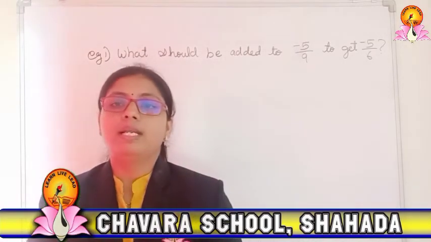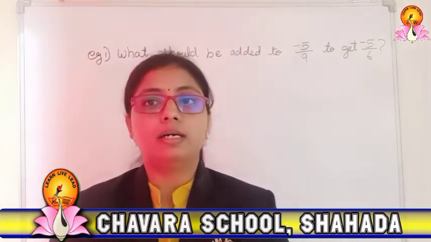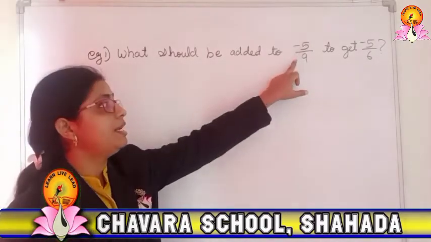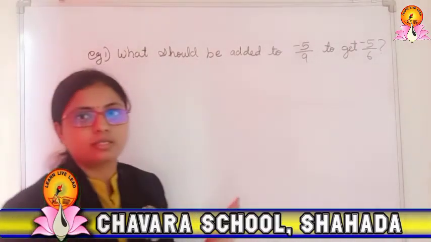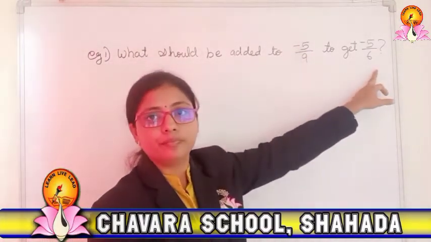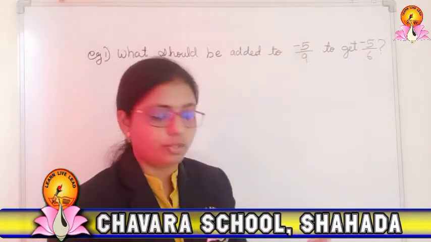So now let us start different types of examples. What should be added to negative 5 upon 9 to get negative 5 upon 6? So what should be added to this number to get this answer? For that purpose we can consider the number as x.